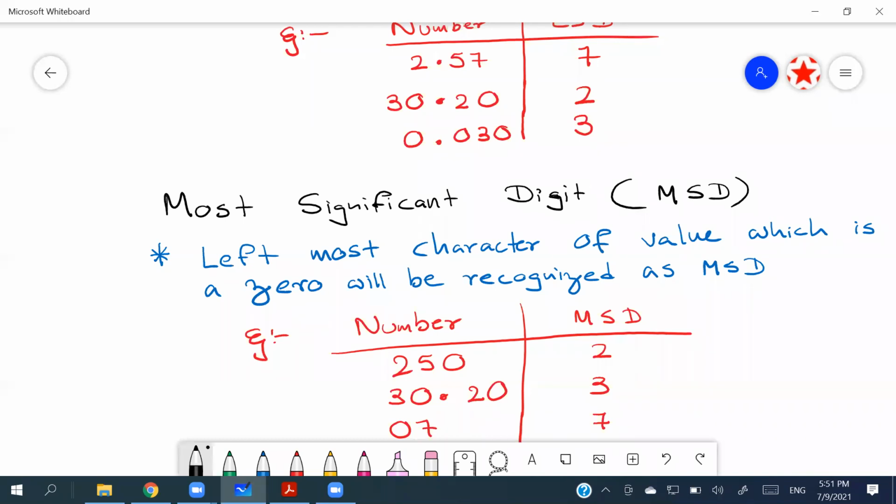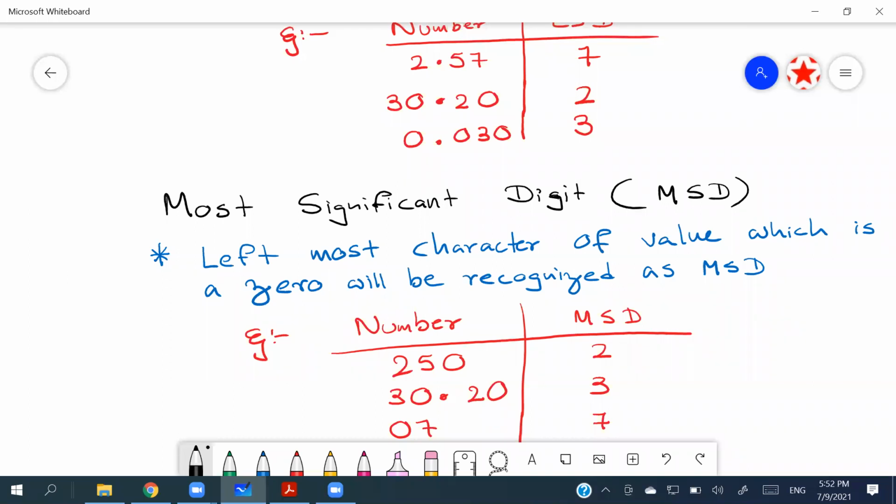There is a special term for the most significant digit and the least significant digit in the binary number system: most significant bit and least significant bit. They use the word bit, B-I-T. It is because the 1 and the 0 are used to represent the bits inside the computer, right?